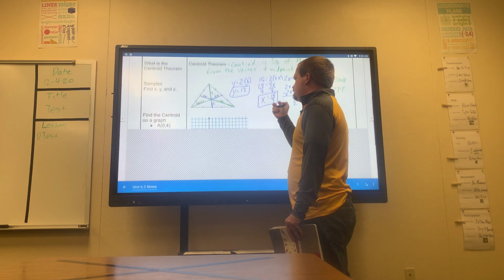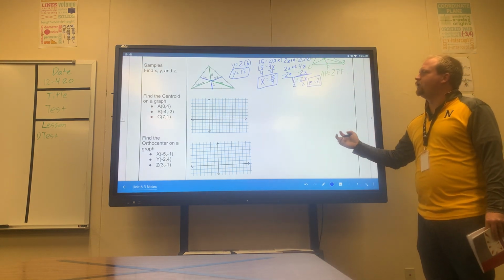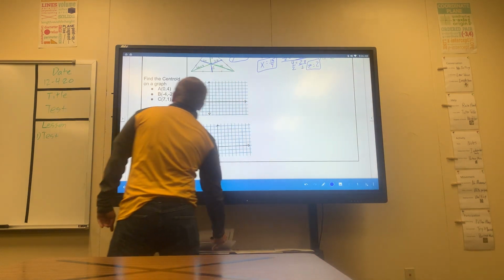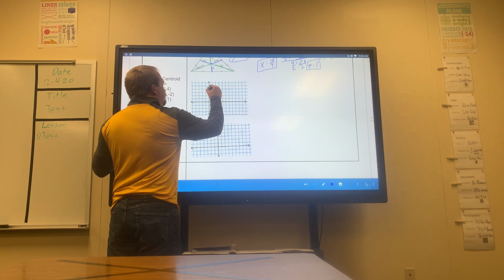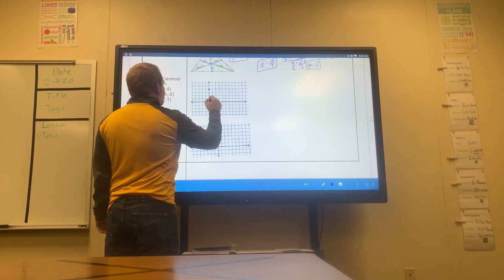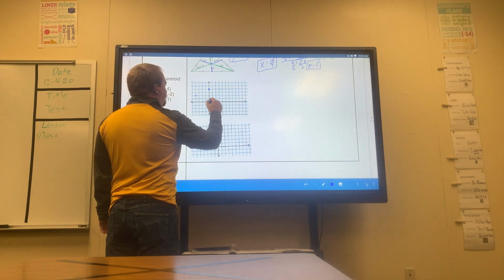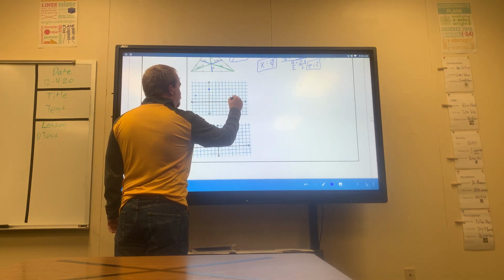Now next, I have to find the centroid on a graph. So here are my points. I'm going to plot these points real quick. So I have 0, 4; negative 4, 2; and 7, 1.